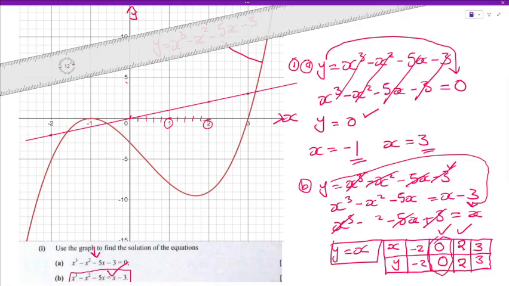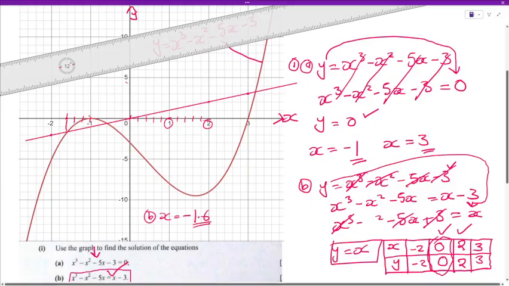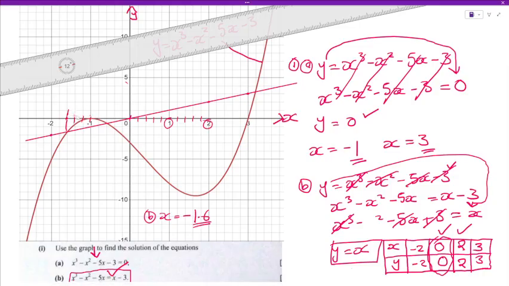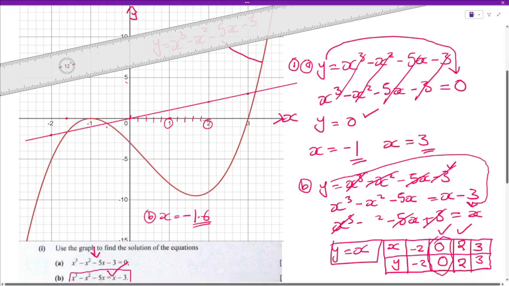So what is the coordinate at this point here? We're going to start counting from here, looking for the coordinate at the point where this line is cutting the graph. This is 1, 1.2, 1.4, 1.6. So I'm now going to indicate this as point b: x is equal to negative 1.6. We've taken note of that coordinate. We now go to the next one, right here where it's cutting through the graph.